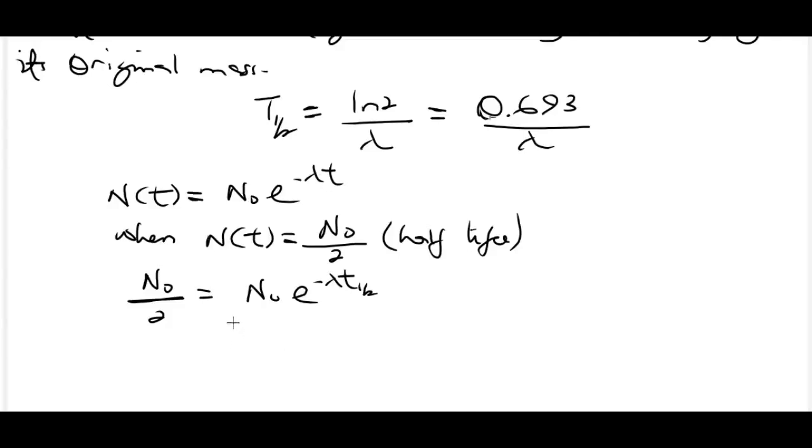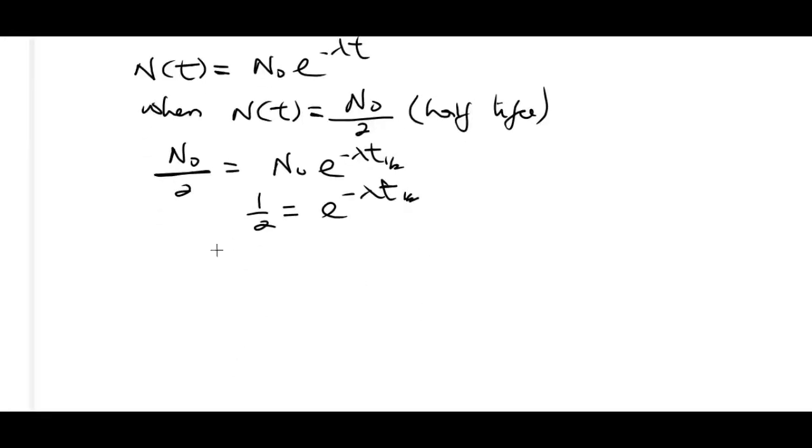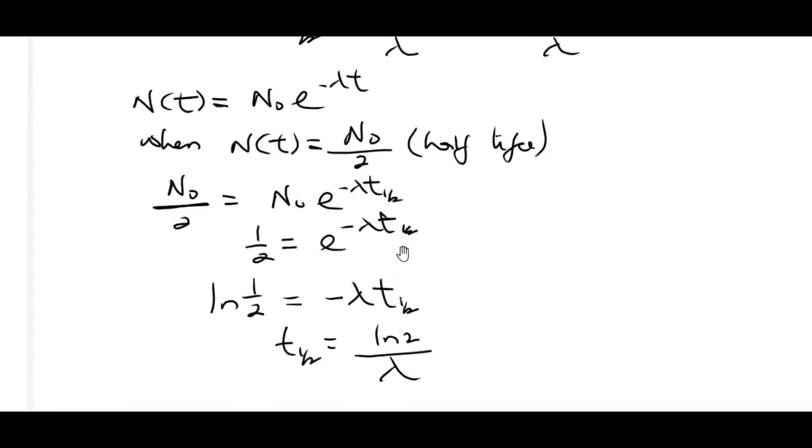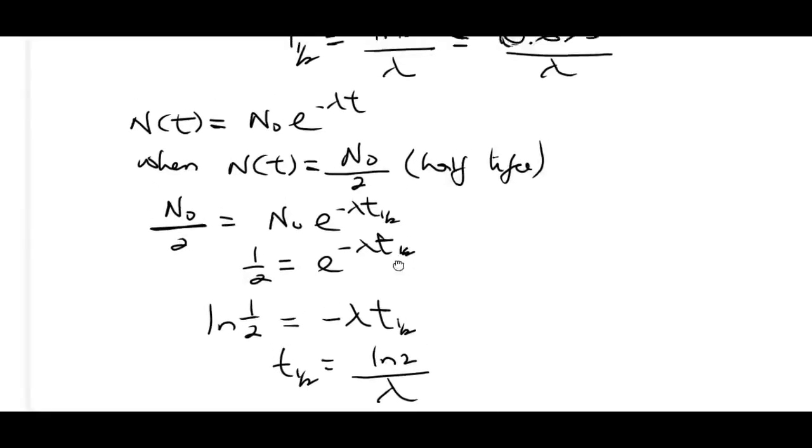So this gives us half equals e to the power of what? Lambda t half. So we take the natural logarithm of both sides. We have ln 1 over 2 equals lambda t half. So our t half will be what? Ln 2 over lambda.